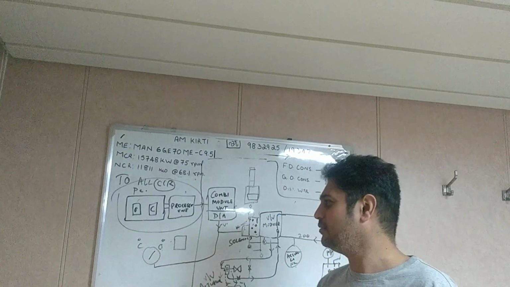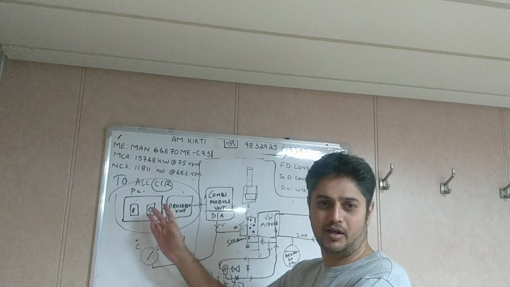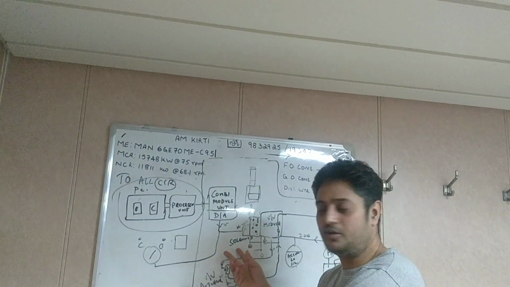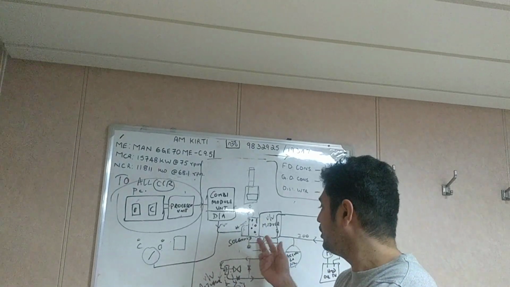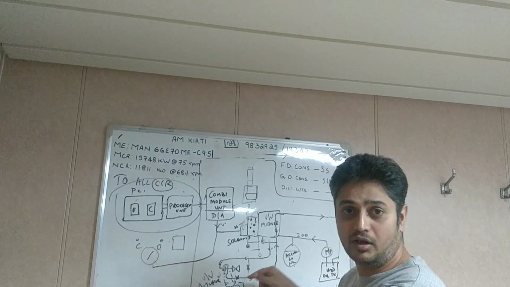Now I hope you have understood what to do and how to troubleshoot if the solenoid is an issue, or the block is an issue, or the actuator is an issue, or the valve is an issue.